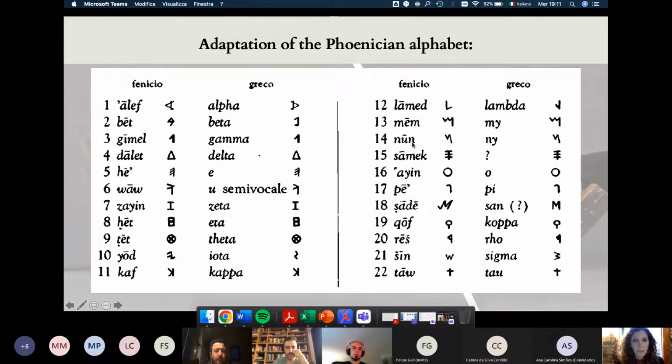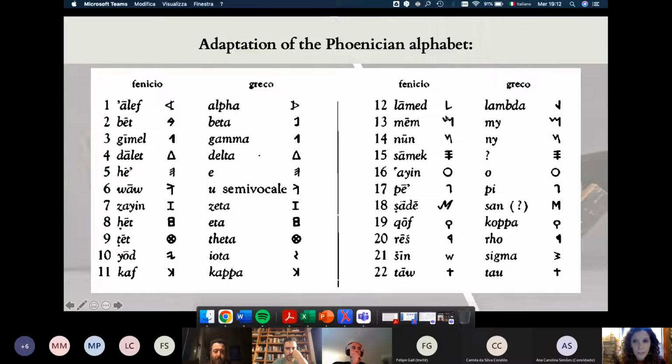So this was a big step because it was the actual invention of the Greek alphabet using another one that was conceived for another language, the Phoenician one. And this is something that we have to keep in mind when we think about these early stages. And we'll come back to it again in a few minutes.